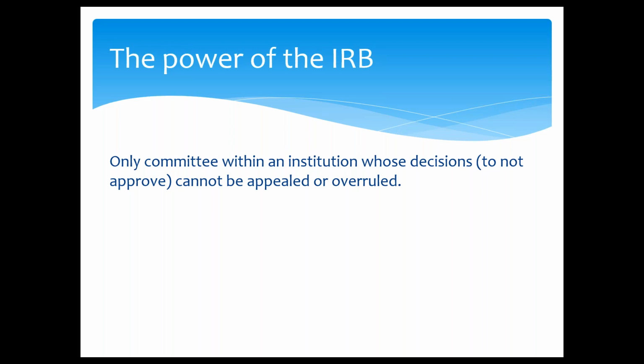Every committee in an academic institution, their decisions can always be overruled by some administrator or ultimately the president or the board of trustees. The hospital CEO can overrule all sorts of decisions within the hospital, but by federal mandate, the IRB's decision not to approve may not be appealed.